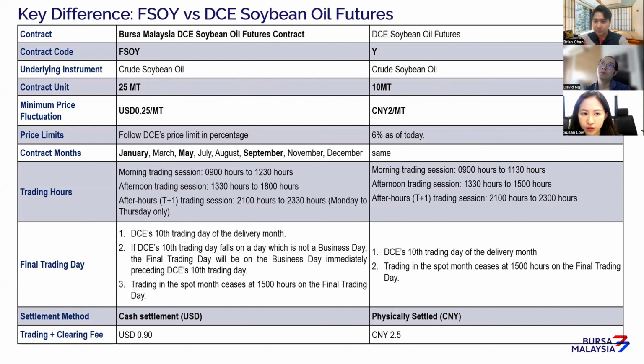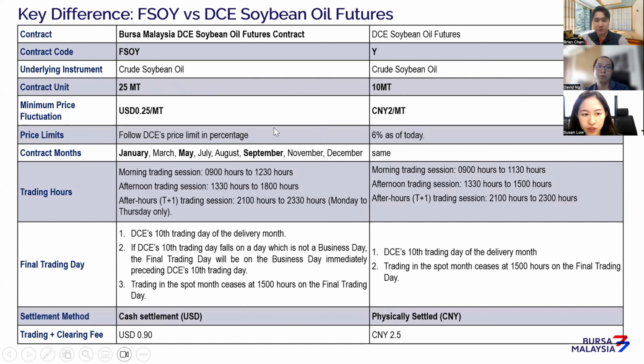0.25 per metric ton with the contract size makes one tick about $6.25, which is roughly comparable with 25 ringgit for FCPO, whereas DCE is 2 yuan per metric ton. There are similarities.